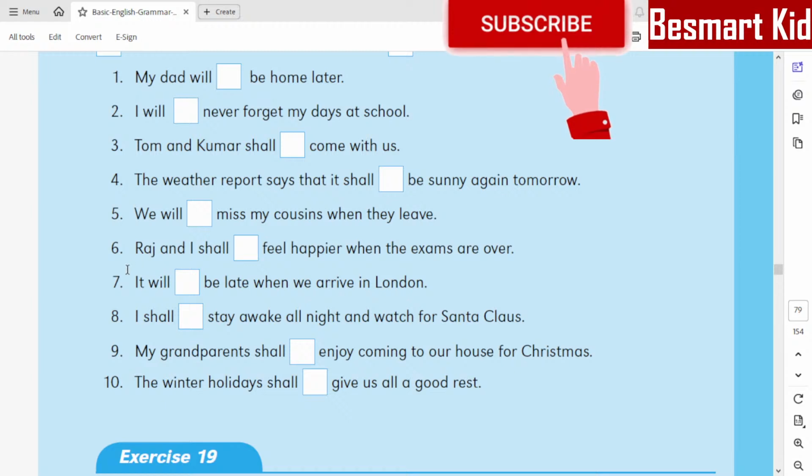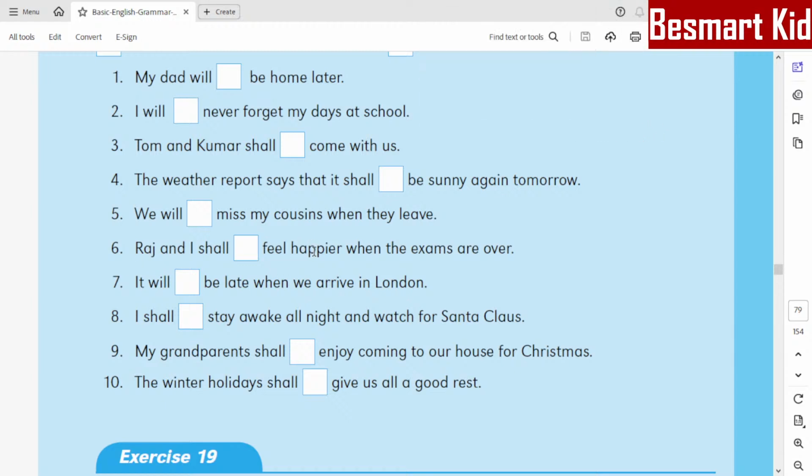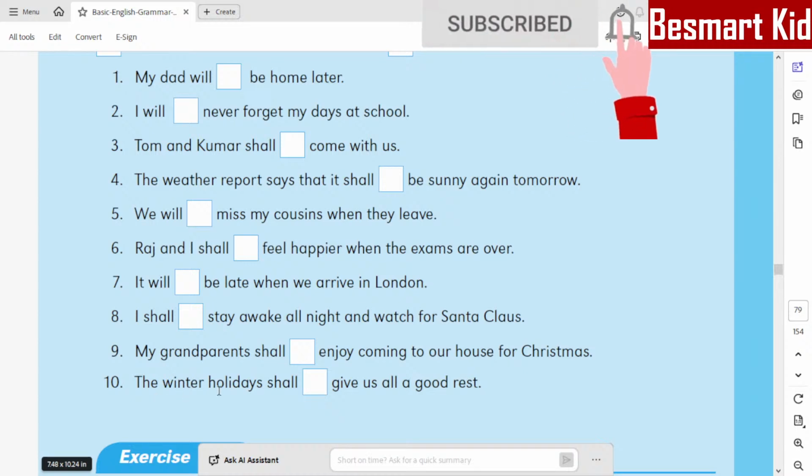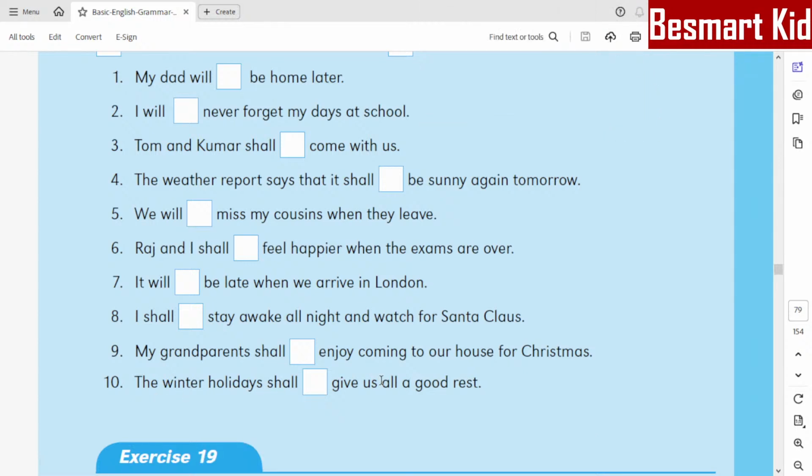Raj and I shall feel happier when the exams are over. It will be late when we arrive in London. I shall stay awake all night and watch for Santa Claus. My grandparents shall enjoy coming to our house for Christmas. The winter holidays shall give us all a good rest.